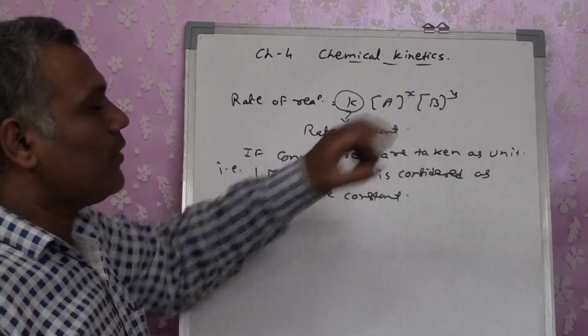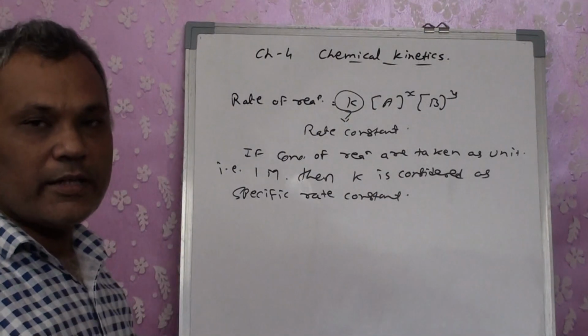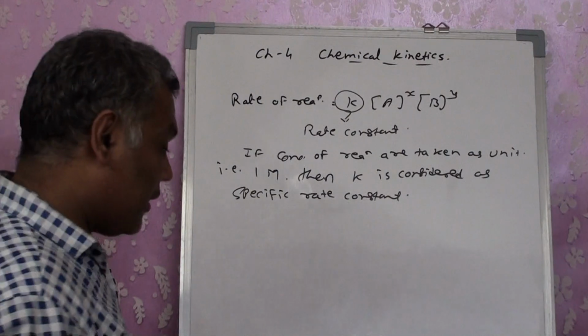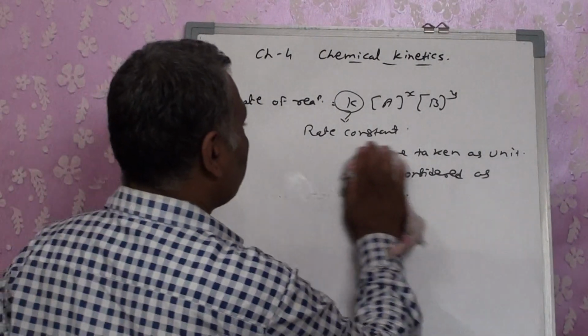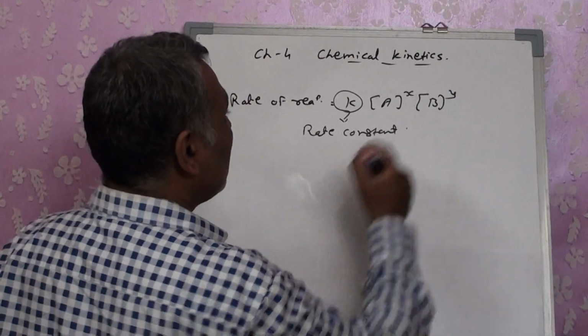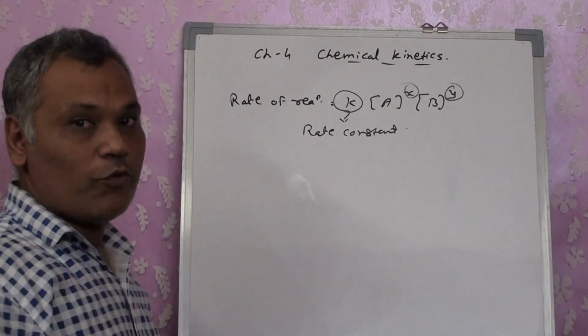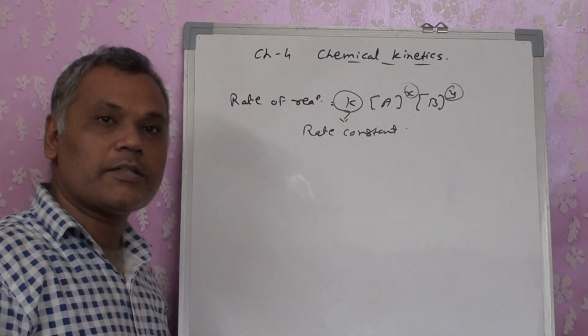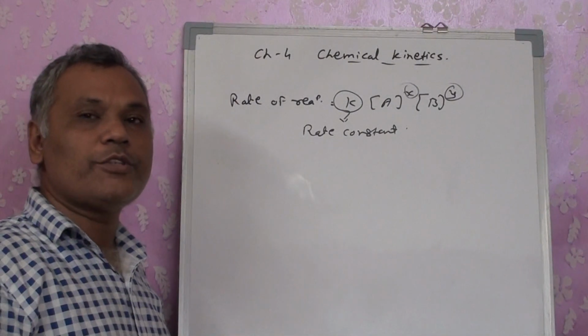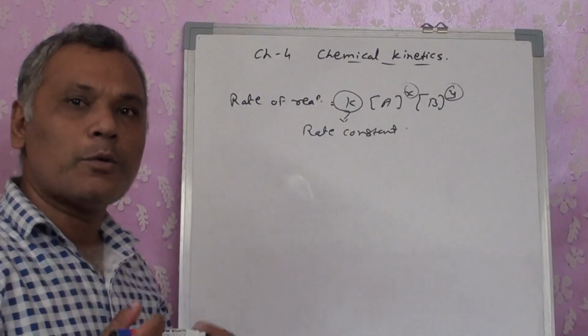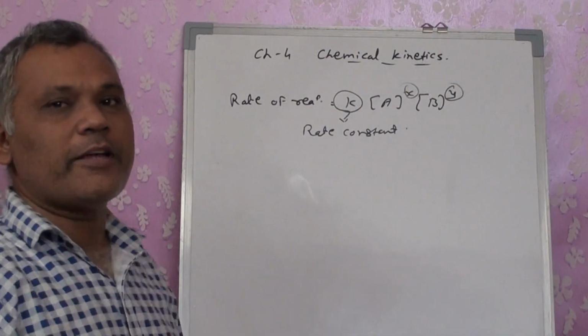The second factor, that is X and Y, the exponential factors. They are independent of the stoichiometric coefficients. Whatever the reactants are, it's not necessary that if the stoichiometric coefficient is 1, X will be 1, and if 2, X will be 2.